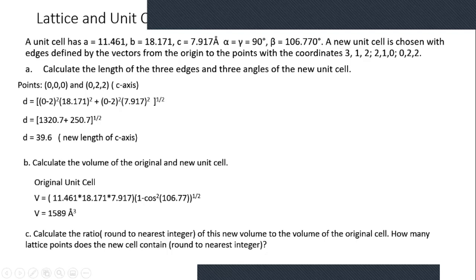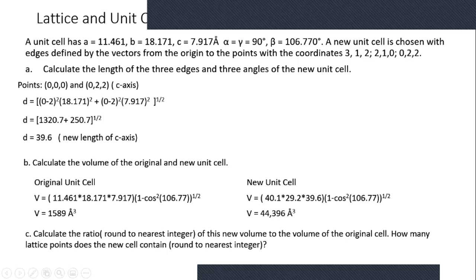We put the original cell axes in it. For the new unit cell, we use our new values that we calculated. And again, it's still the same angle. The angles don't change when you choose a new unit cell. You've expanded it from its original set of vectors, so the only thing that changes is the lengths.